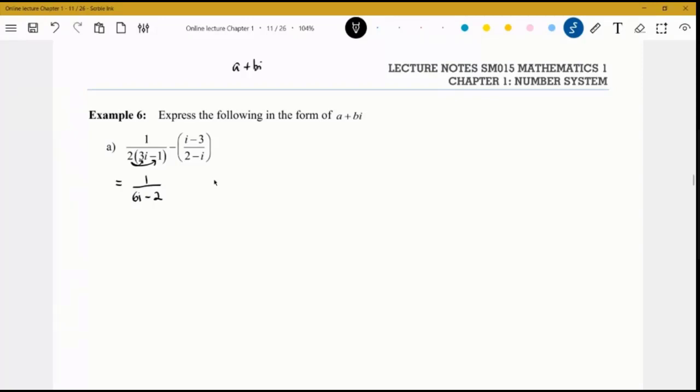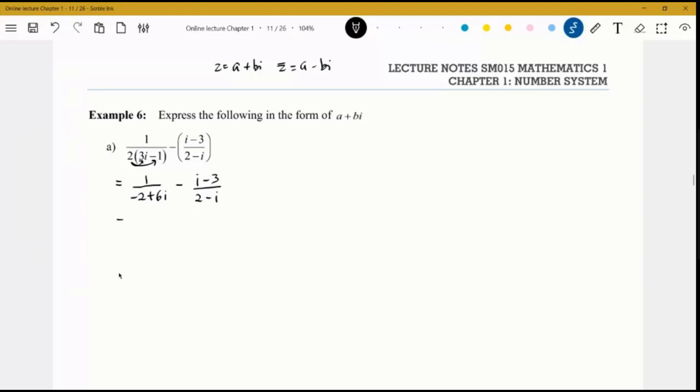So that kita tahu complex number dia adalah, conjugate dia adalah A minus Bi. So saya tukar dia jadi negative 2 plus 6i. Okay, ubah dia in the form of A plus Bi. Okay, minus with i minus 3 over 2 minus i.